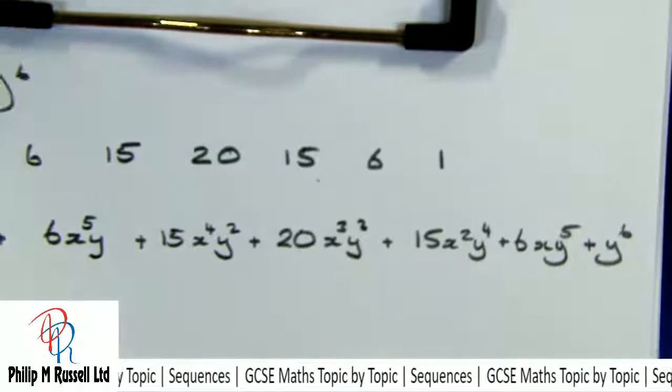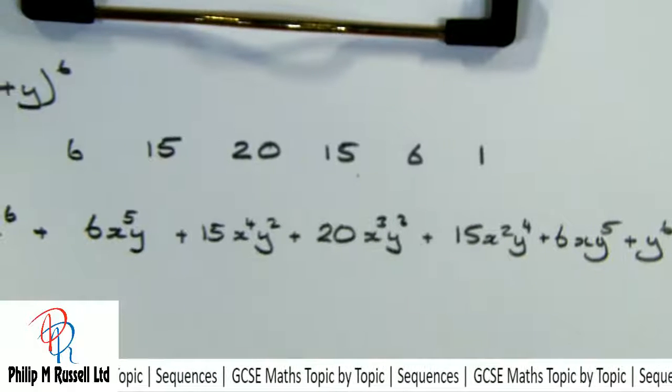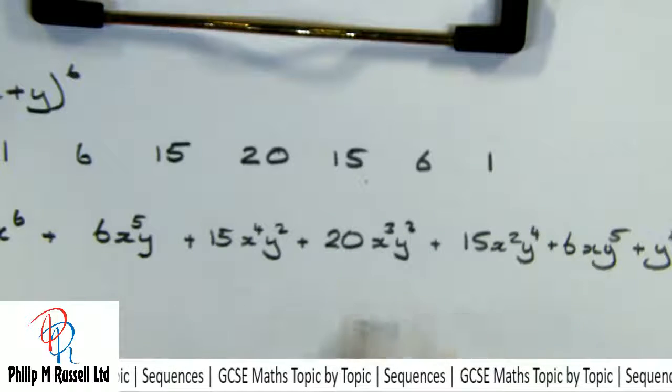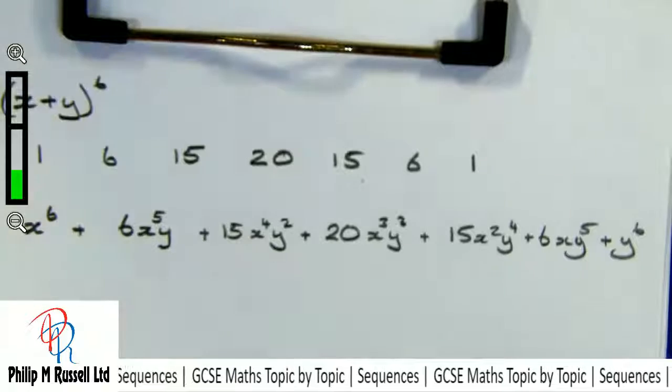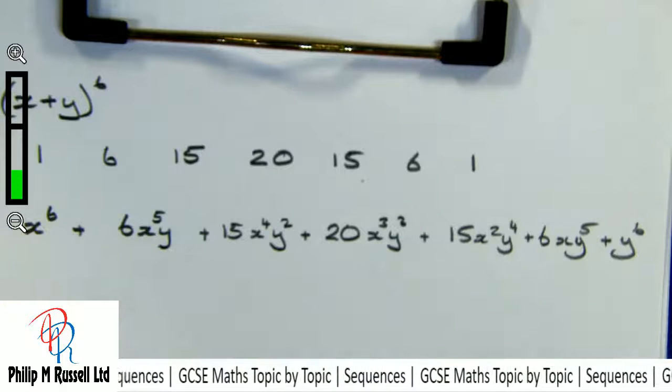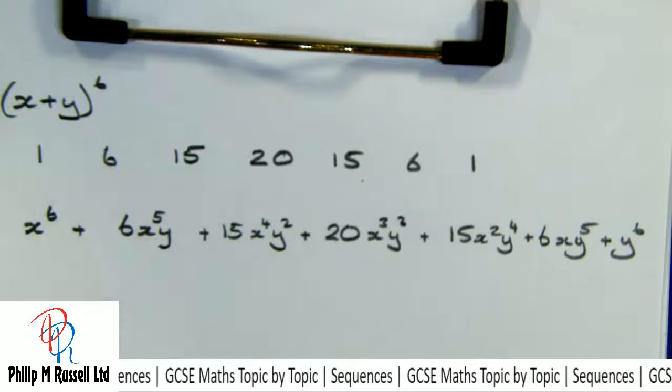And there I've actually written out my entire sequence, nearly enough space to get it on the page. There we are. Without having to do any working out at all.